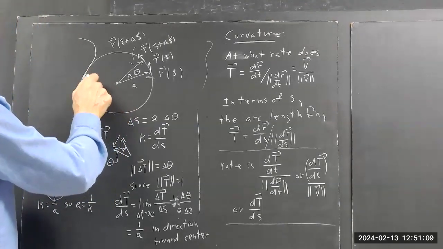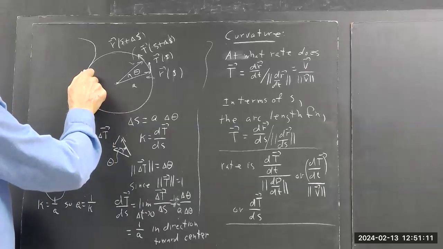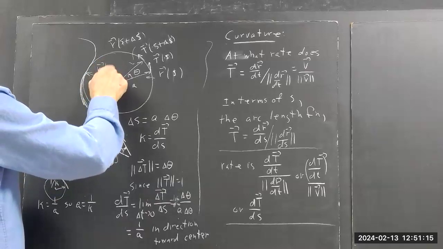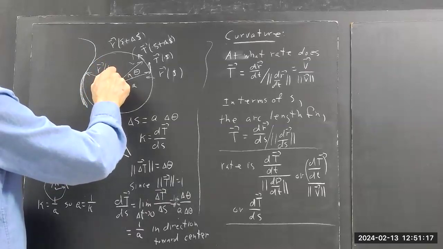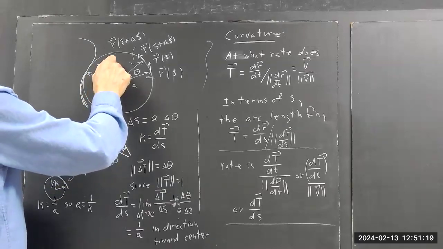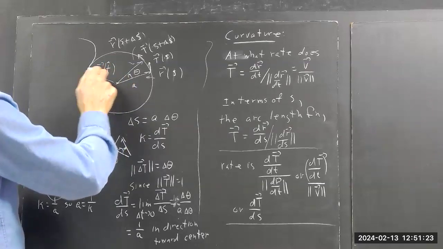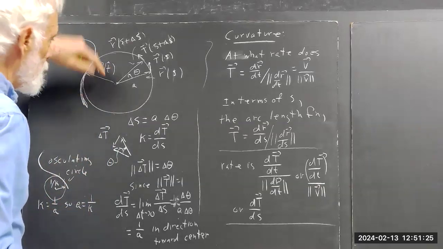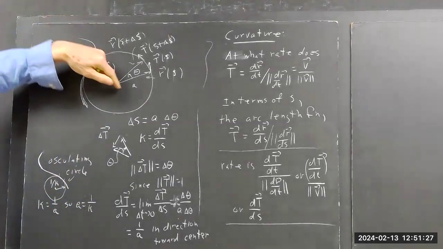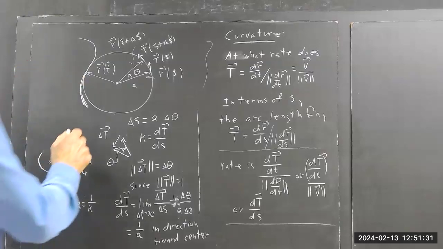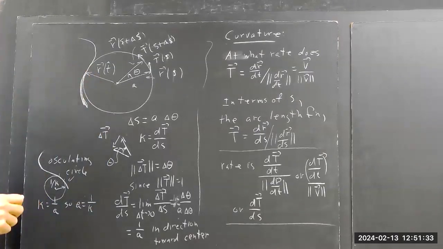So this R of T hat is the value of R of T when your R vector is at this point of tangency.